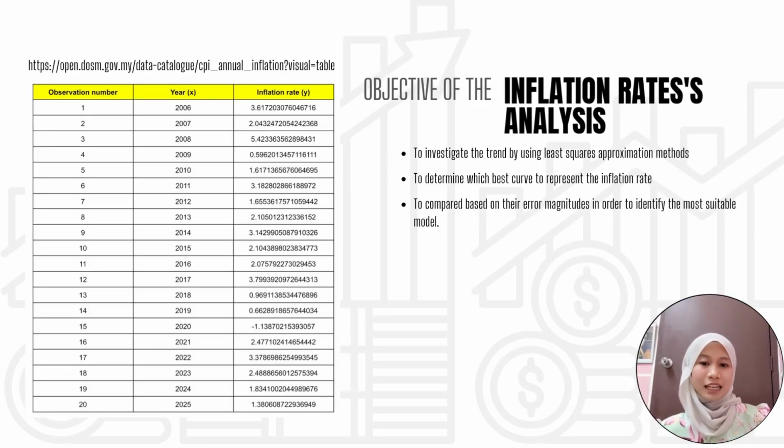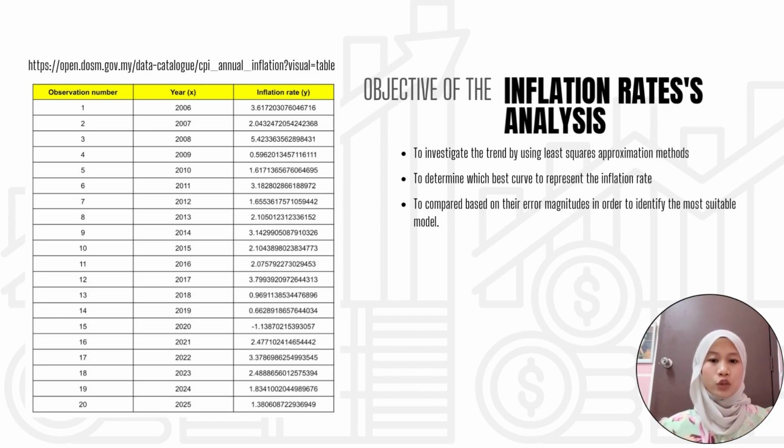For this study, analysis focuses on Malaysia's inflation rates from 2006 until 2025. The data used in this study were obtained from the Department of Statistics Malaysia, DOSM, for the period 2006 until 2025. The objective of this study is to investigate the trend of Malaysia's inflation rates by using least squares approximation methods.